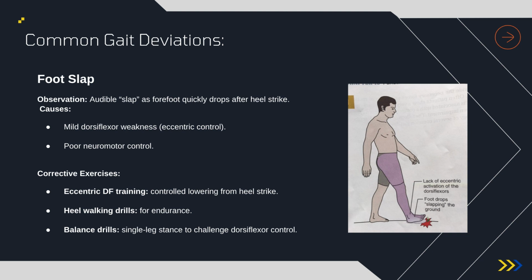The corrective interventions are eccentric dorsiflexion training, such as slow lowering drills, heel walking for endurance, and balance training to improve neuromotor output and control.